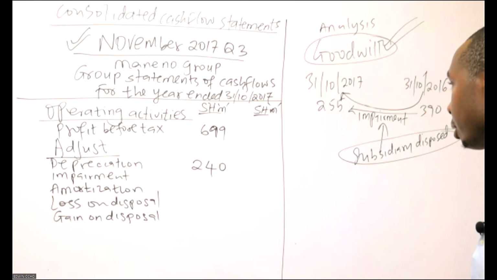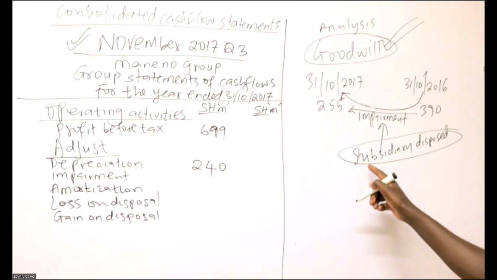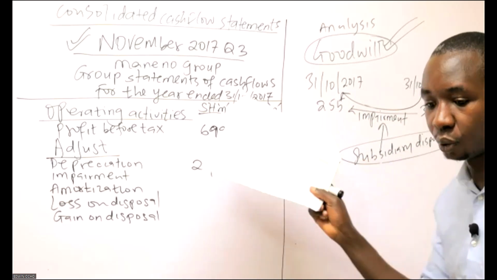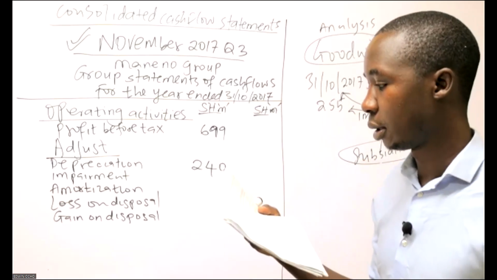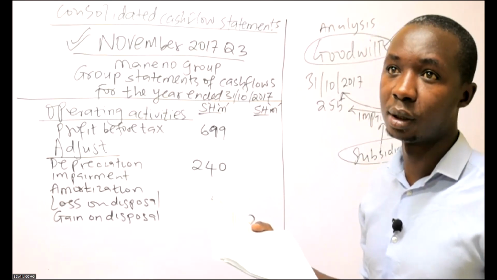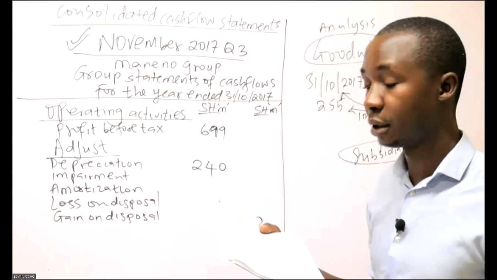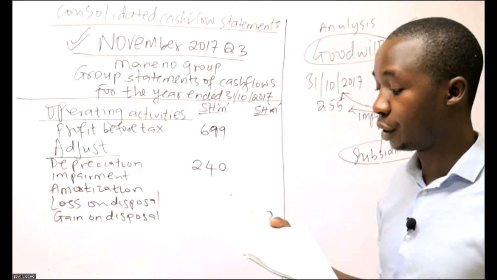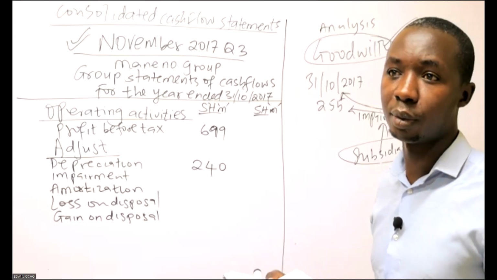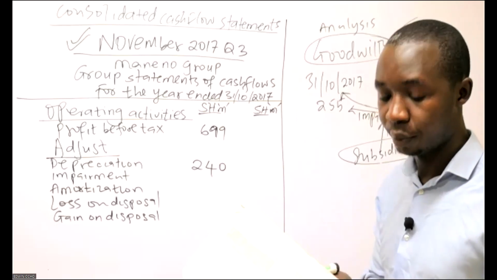So let's determine the goodwill of the subsidiary disposed. Remember, there was a subsidiary which was disposed in this question, according to additional information number 3. That subsidiary was disposed in August 2017, but when we are doing goodwill, we don't do it as at the time of disposal, but the time it was acquired.